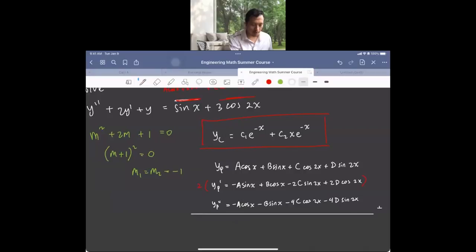Now we need to multiply this by 2 and then add all.